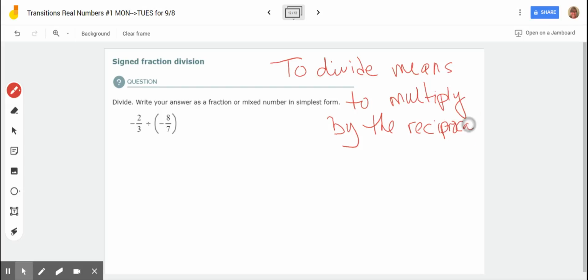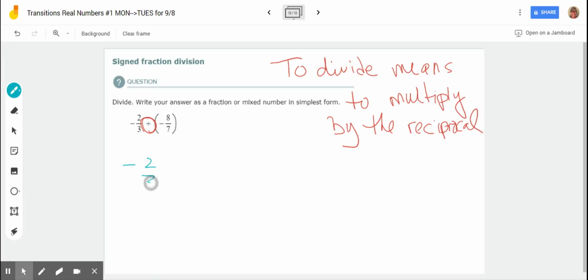I used to have a lot of middle schoolers that would say, stay, change, flip. But honestly, can you just remember to multiply by the reciprocal? That works just fine because it's a division. Division is a little harder to comprehend, and we multiply much better. So in the same way we change subtraction to addition, we like changing division to multiplication.